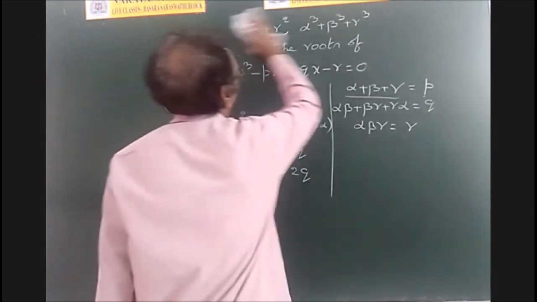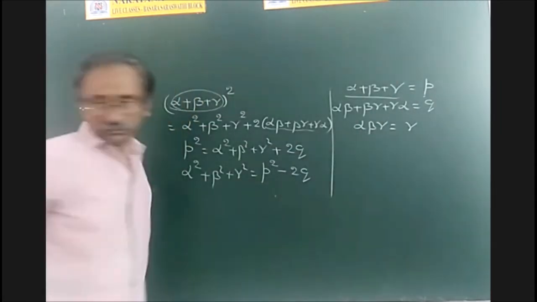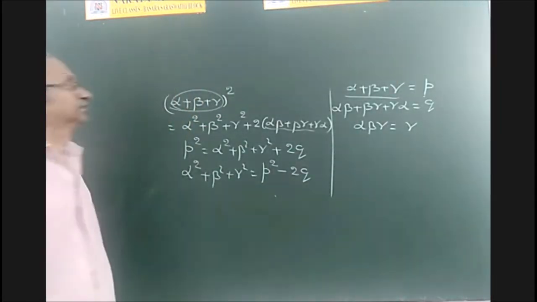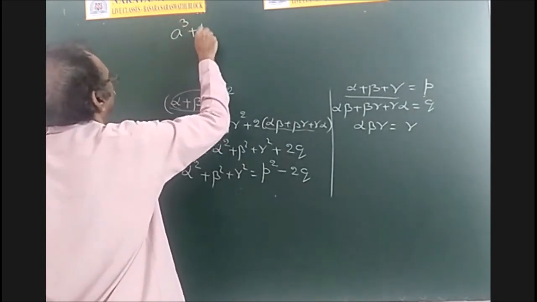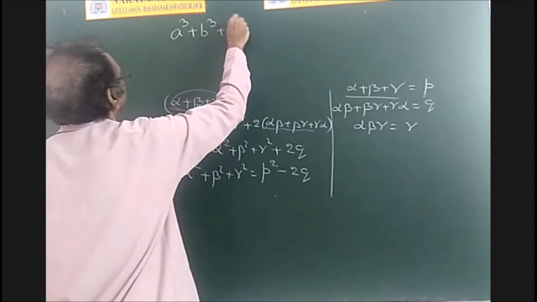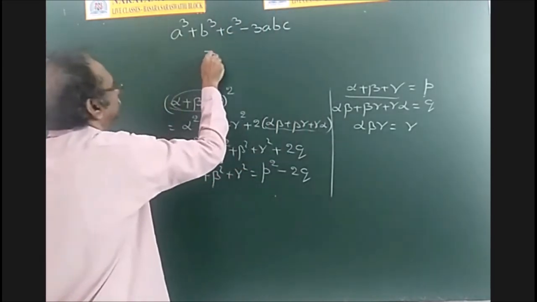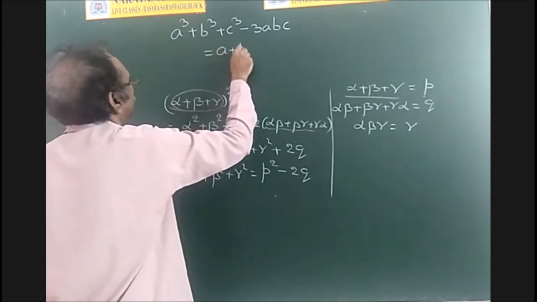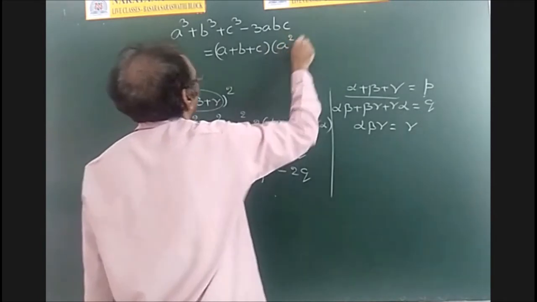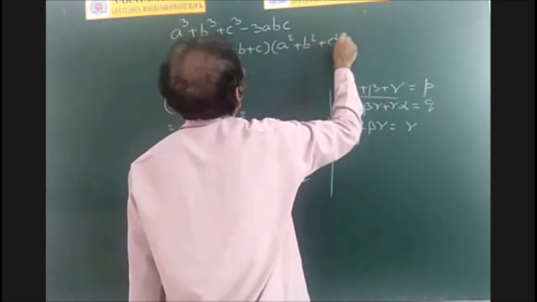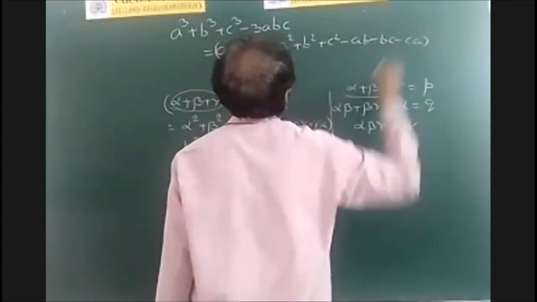So what is the formula for that? That is a very, very important formula, so note it down. The formula is a cube plus b cube plus c cube minus 3abc is equal to a plus b plus c into a square plus b square plus c square minus ab minus bc minus ca.